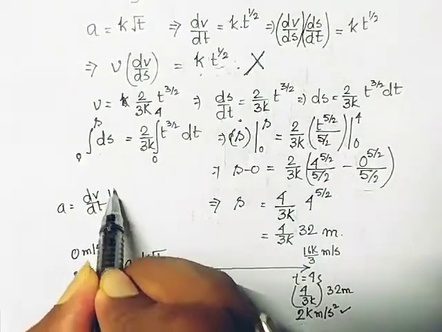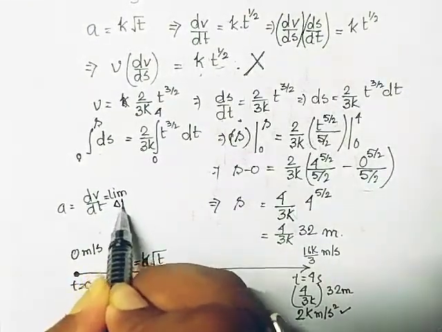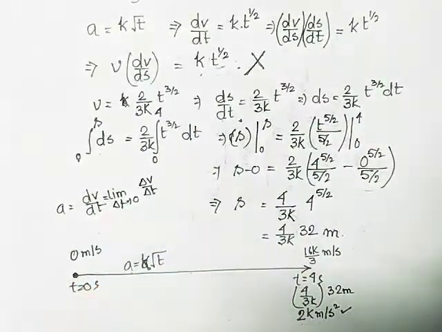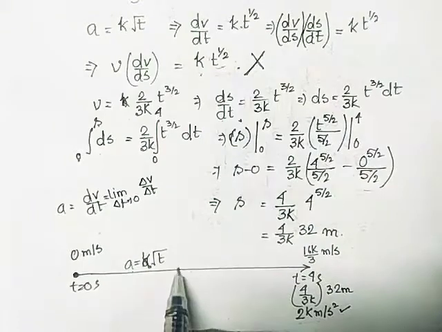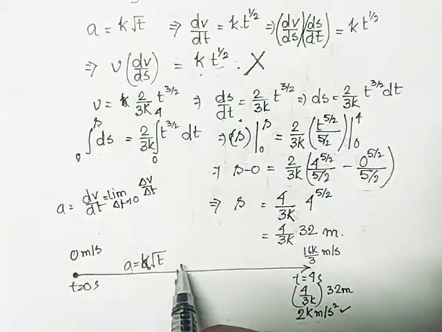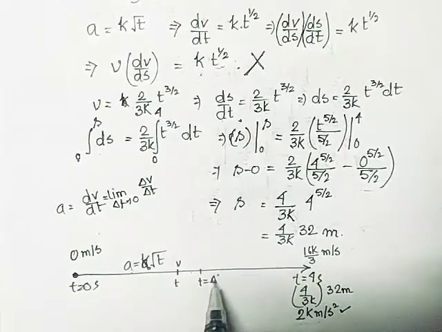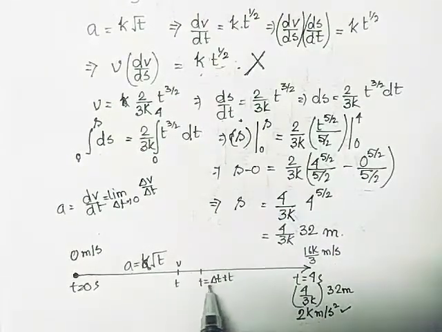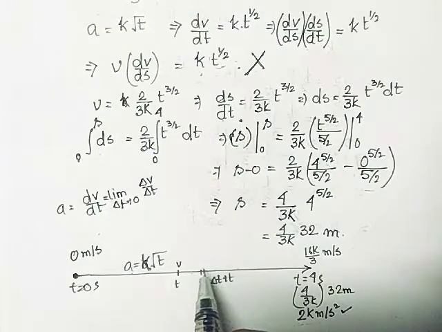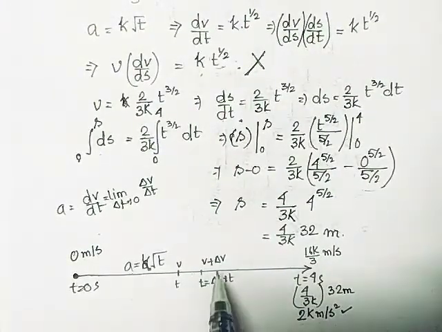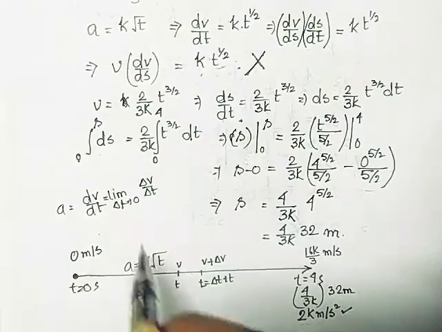It basically means the limit as del t tends to 0 of del v by del t for a very small time interval. If I choose that at that time the velocity is v, and after a time interval, at t plus del t, the velocity becomes v plus del v. So the change in velocity divided by change in time is this.